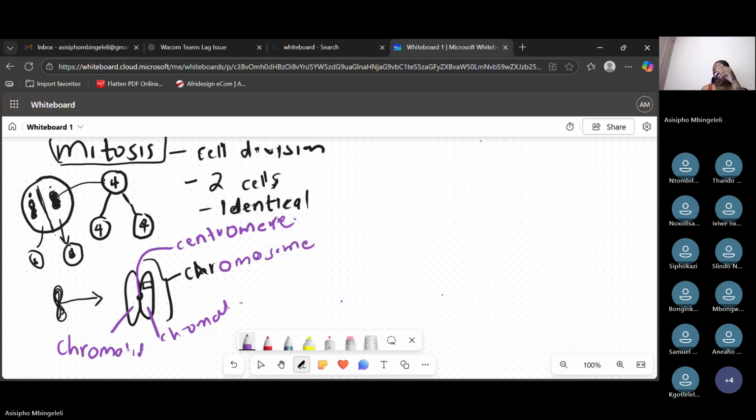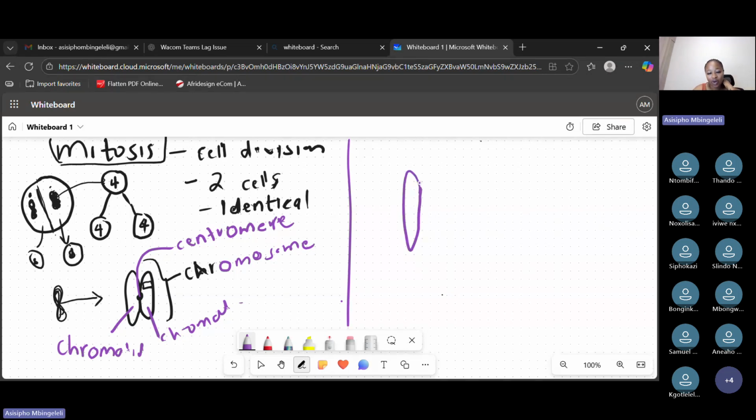But we can also have something like this, where we are just having this thread over here. So I want us to compare the two. This thread over here, and I'm going to put a dot, and these two strands over here. Now I want us to listen. This strand over here is called a chromosome.